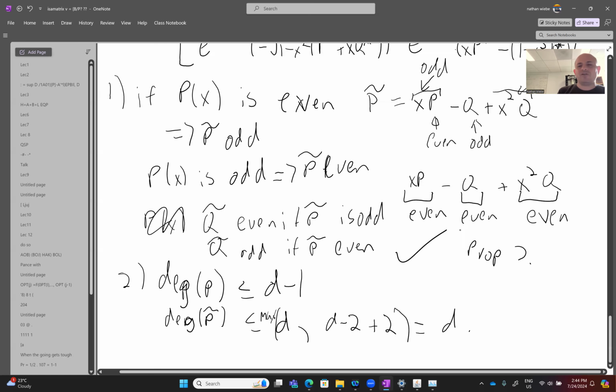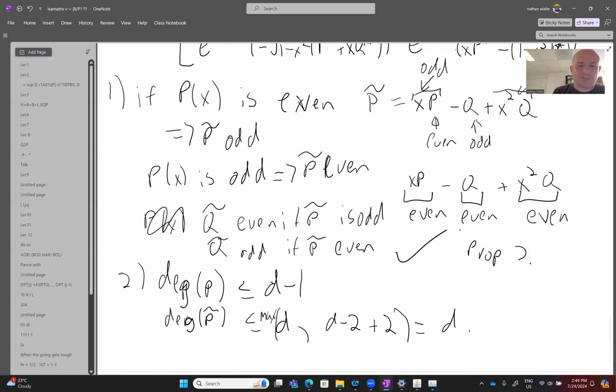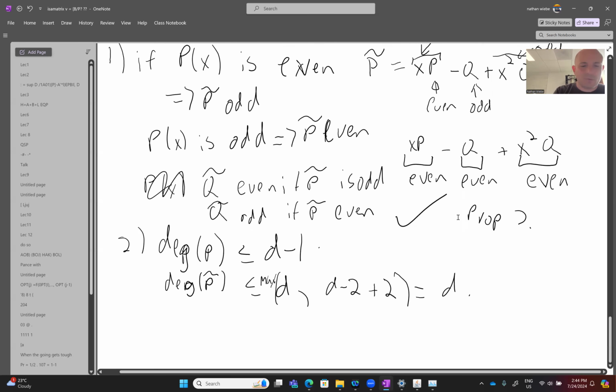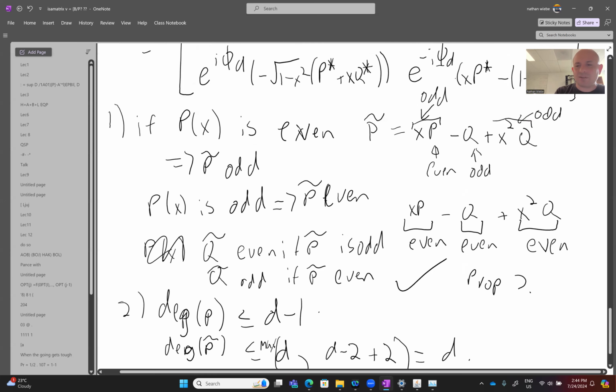So therefore, the degree that we end up getting for p tilde is less than or equal to d, given that the degree of p is less than or equal to d minus 1. Similarly, we end up finding that the degree of q tilde is less than or equal to d minus 1. Great. So that satisfies the second of the properties.